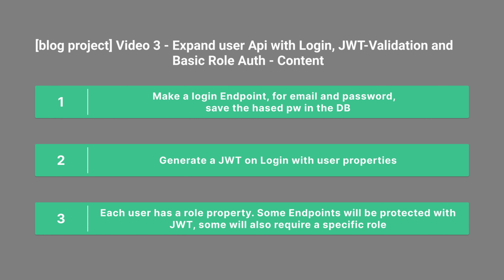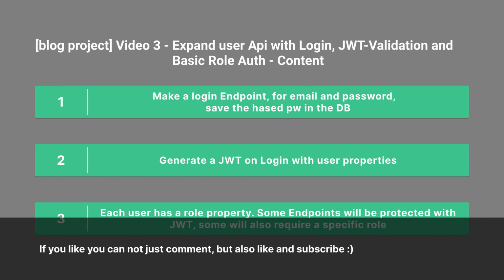And we will also add a role property to the user. So every user will have a role, and we will protect some endpoints with JWT, some with JWT and with a specific role required. So some routes can just be called by an admin user, or just by a normal user.